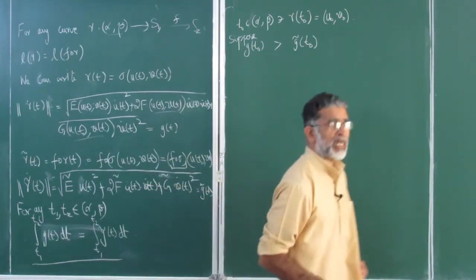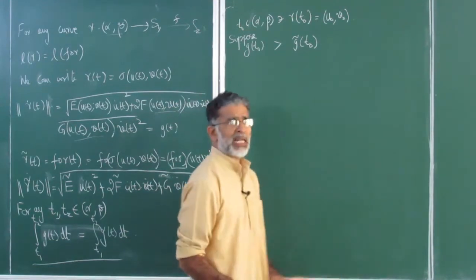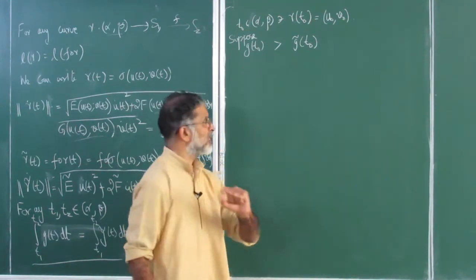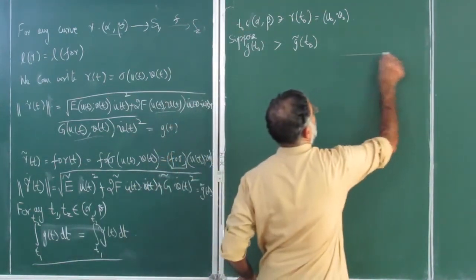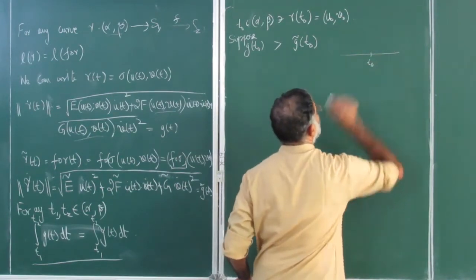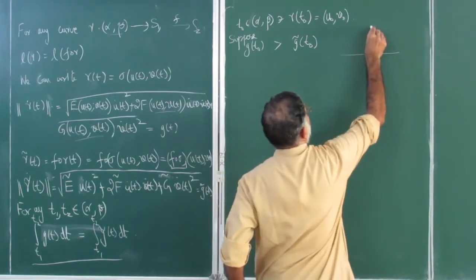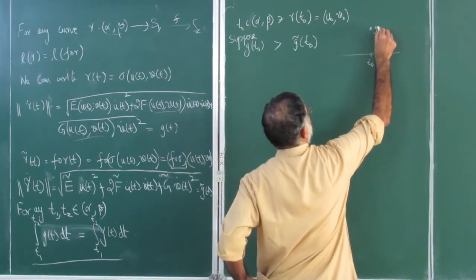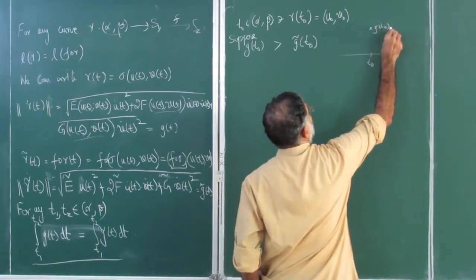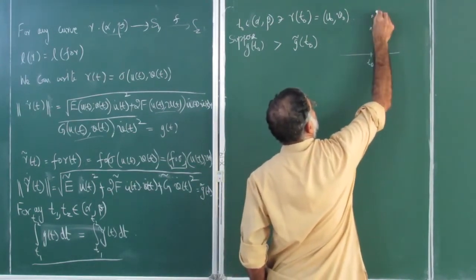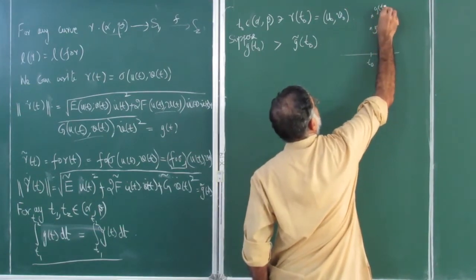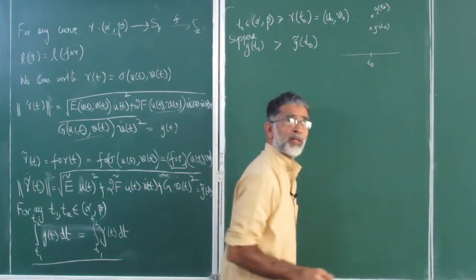If you have two continuous functions, g and g tilde, then this is your t naught, this is g tilde t naught, and this is your g t naught. G t naught is bigger than g tilde t naught.